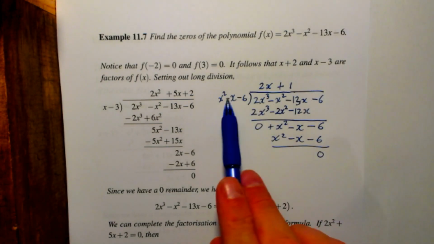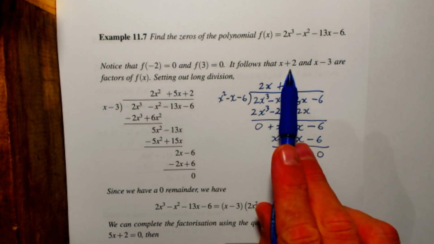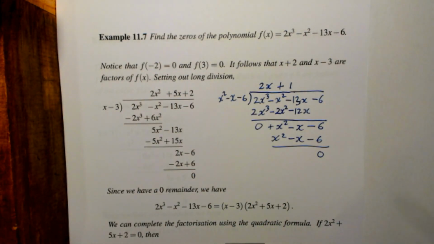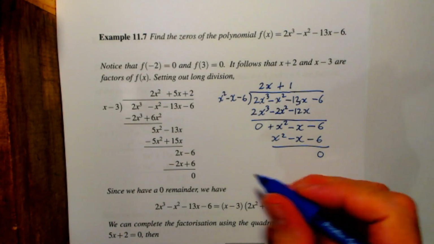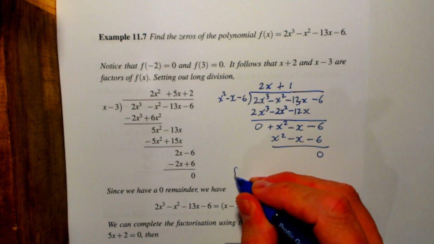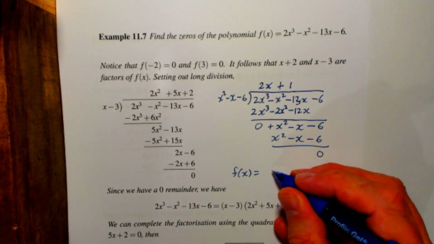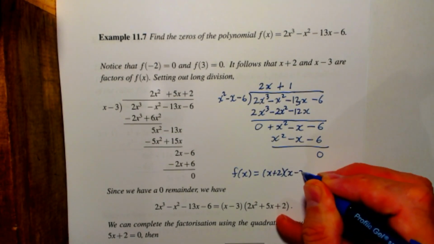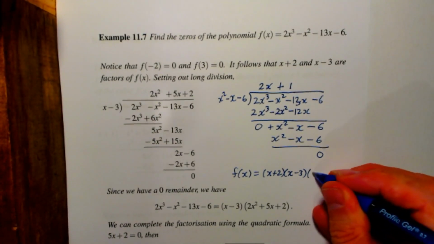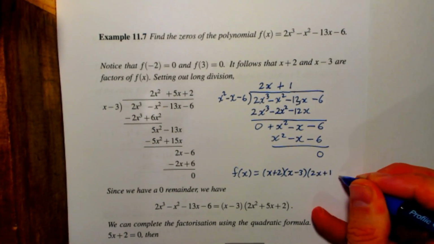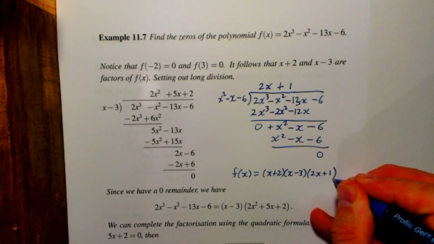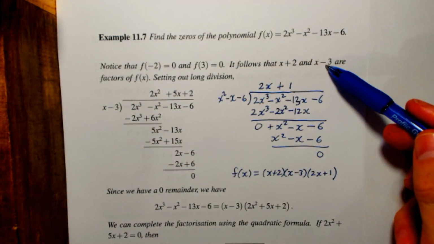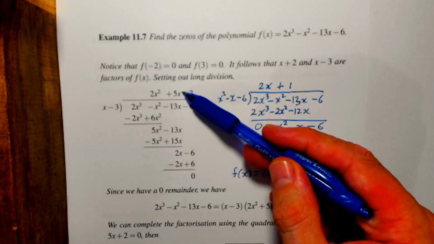That's what we expect, a 0 remainder, because this cubic is divisible by the product of x plus 2 and x minus 3 by that theorem before. So what we've learned then is that f of x is equal to x plus 2 times x minus 3 times 2x plus 1. Okay, now this is an alternative approach where you just take one of them and divide and you get this, but then you have to factorize that.